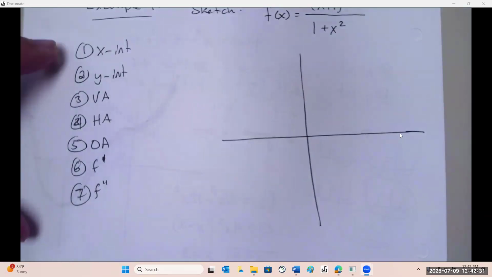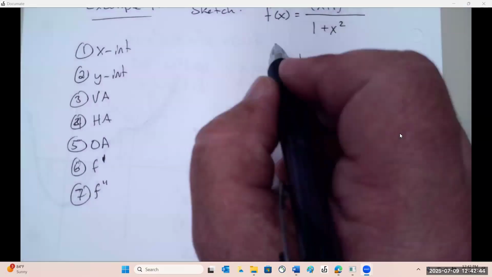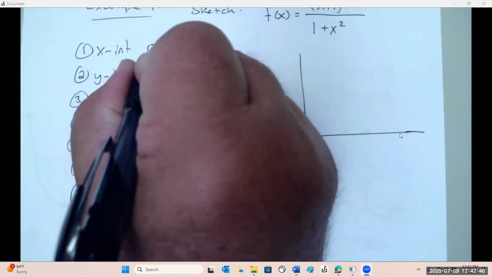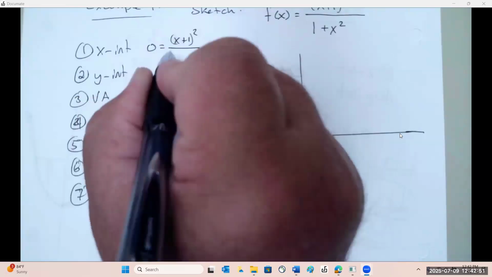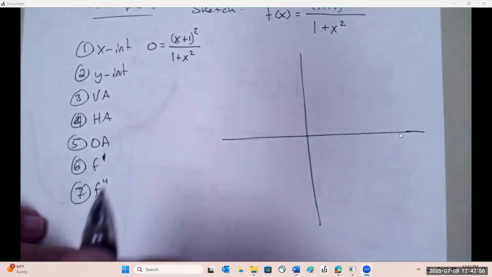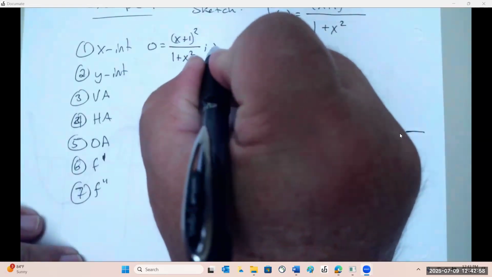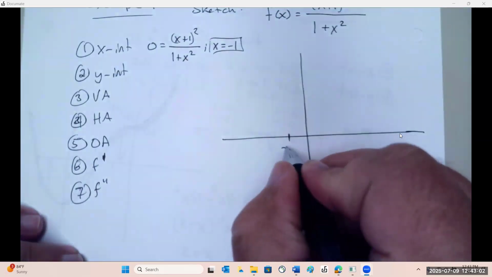So do we have any x-intercepts? How do we find x-intercepts? Set y equal to 0. So we set this equation equal to 0. The only way a fraction can equal 0 is if the top is equal to 0. So when you set the top equal to 0, we have an x-intercept at -1.